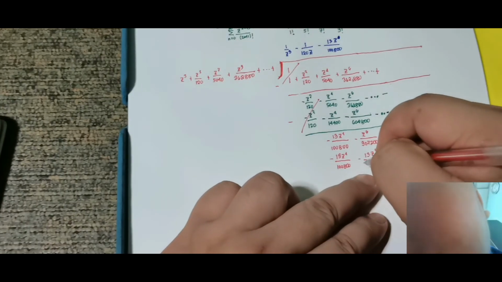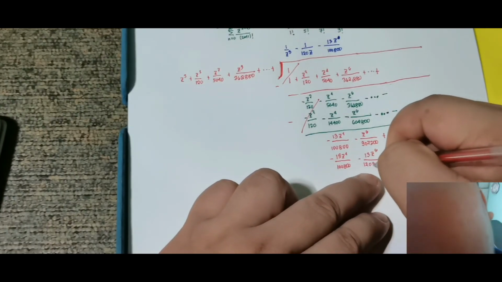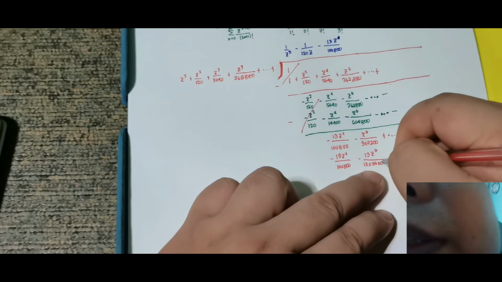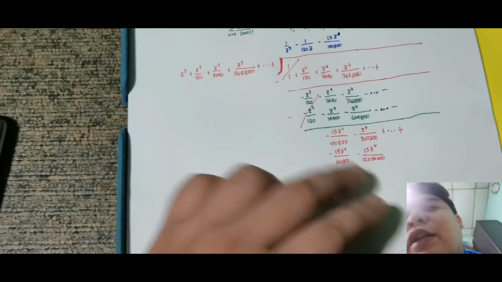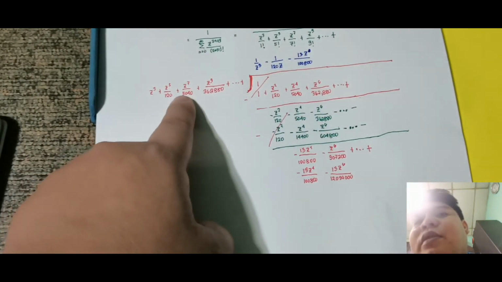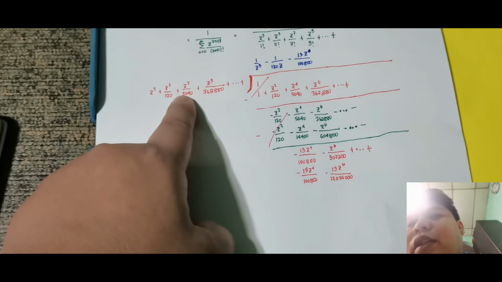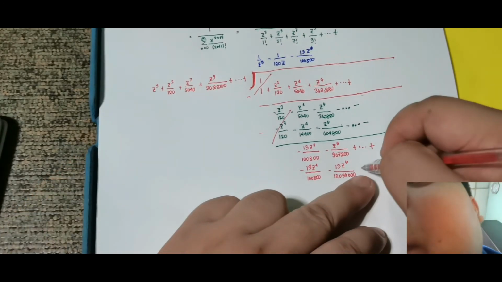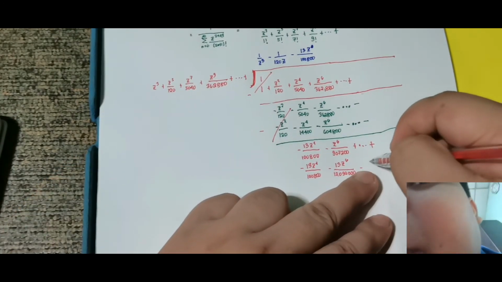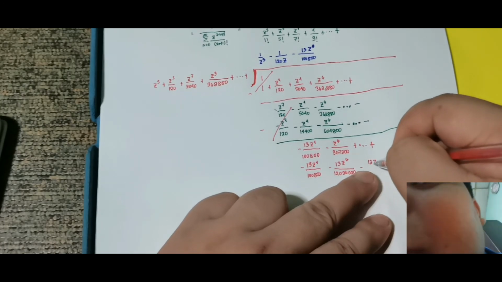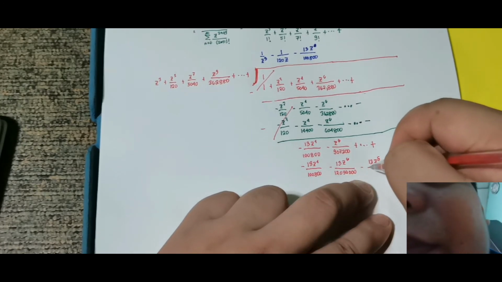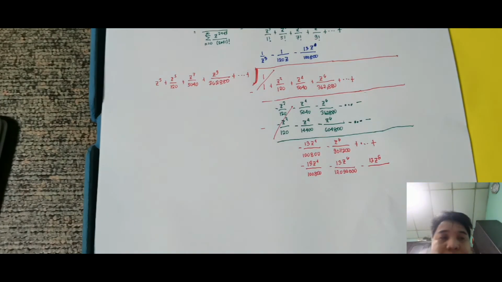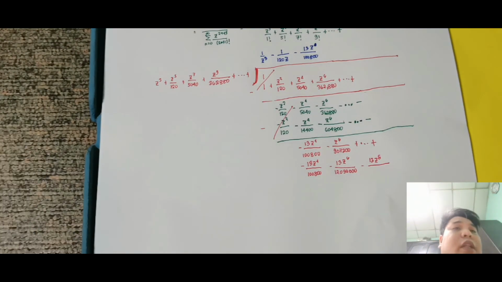That is 12,096,000. Okay, next is multiply natin dito. That is z to the 8. So, negative z to the 8. Negative 13z to the 8 all over 100,800 times 5,040.